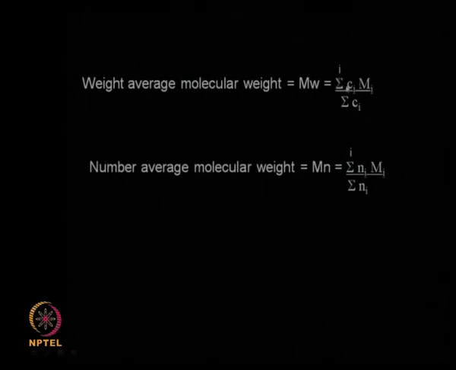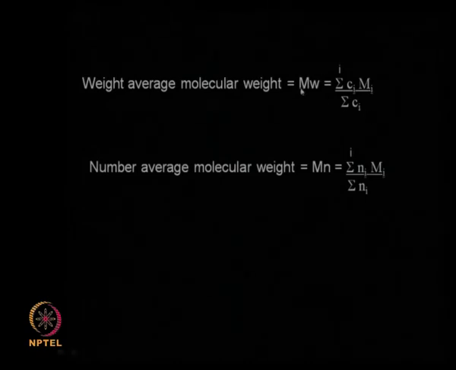It is a summation of concentration of species i multiplied by the molecular weight of species i. So if you have 3 species with varying molecular weights M1, M2, M3 at different concentrations, that is C1, C2, C3, then you do the summation of C1 into M1 plus C2 into M2 plus C3 into M3, divided by C1 plus C2 plus C3.